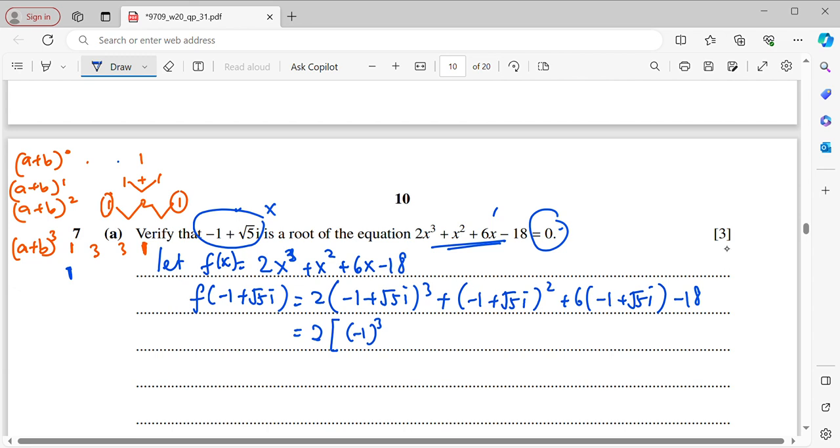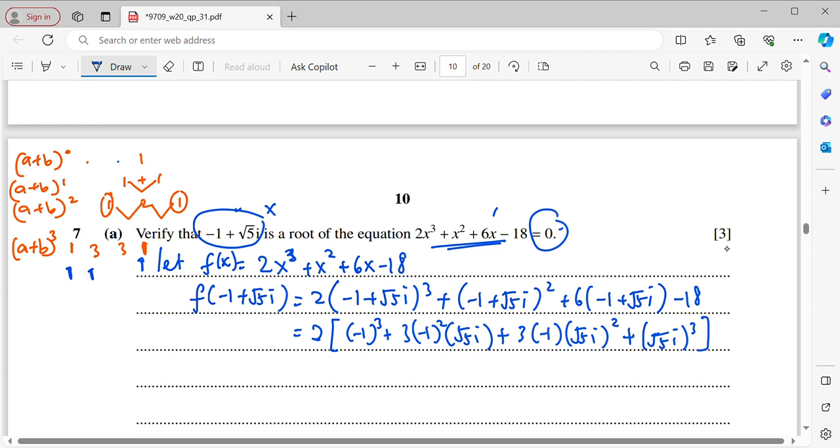Then plus 3, then minus 1 squared, square root 5i. Plus 3, minus 1. So you must drop 1 degree from the first term and add 1 degree to the second term. Square root 5i squared. Lastly, here is 1. Okay, so plus 1 times square root 5i cube. So this will be my expansion for the cube.